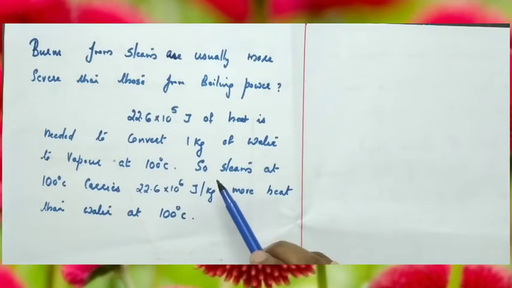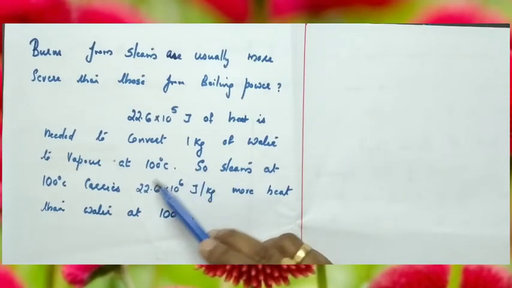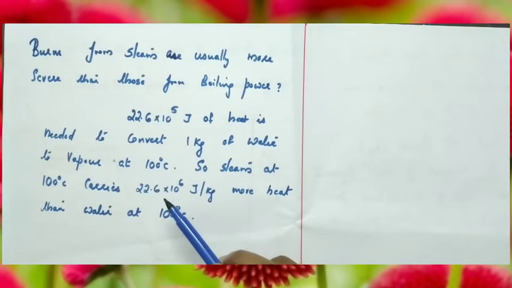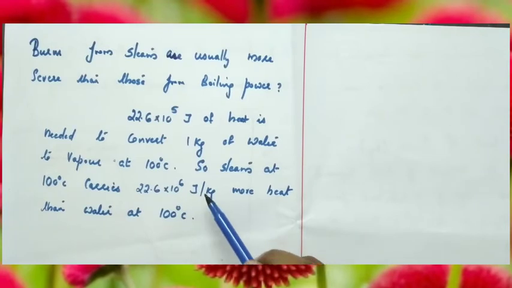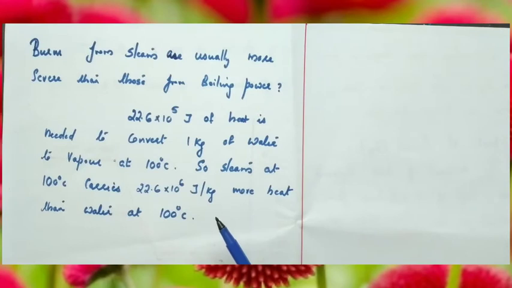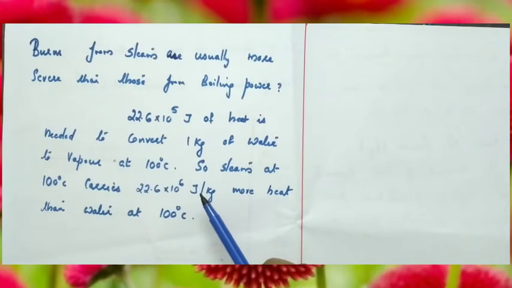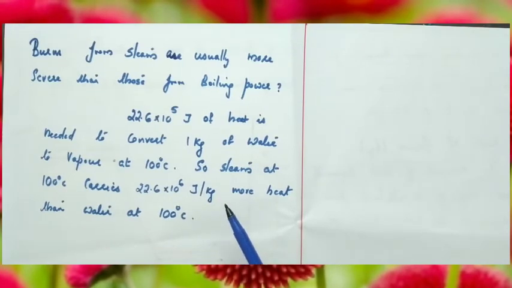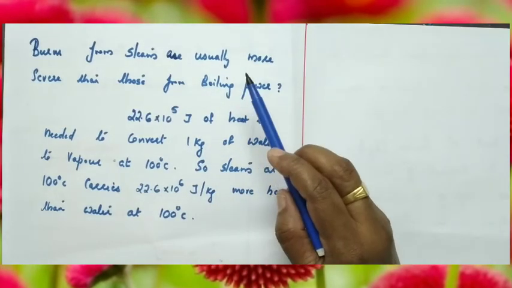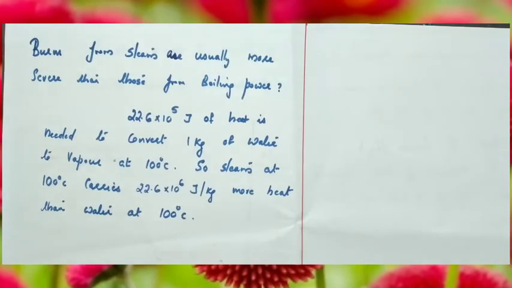Therefore, the steam at 100 degrees Celsius carries this much energy more than water at 100 degrees Celsius. So, 1 kilogram of steam has this much more heat than 1 kilogram of water at 100 degrees Celsius. So, steam has more heat content than water, and hence the burns produced from steam are more severe than those from boiling water.